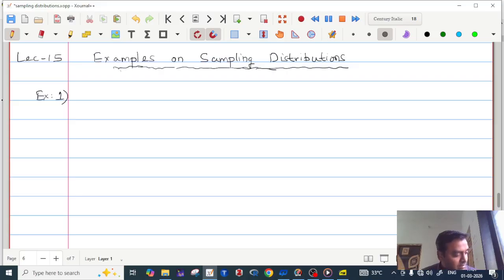Let's take the first example. Let x1 and x2 be two independent normal 0, 1 variates.